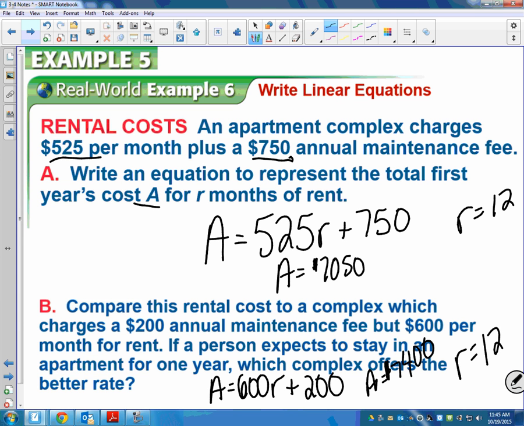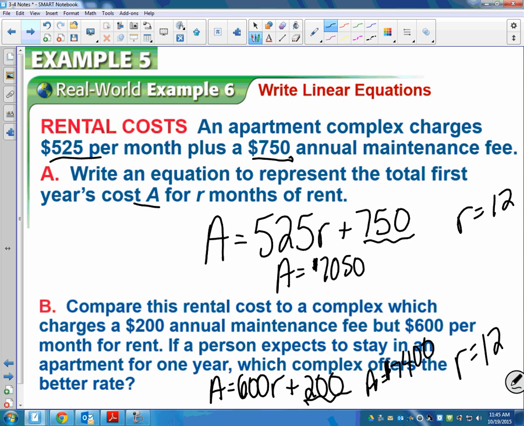Yeah, that's what I was thinking. A lot of people don't have $750 extra to put down as that deposit, or whatever they're calling it, the maintenance fee. Most apartments call it a deposit these days. Whereas this one only has a $200 one, so if you don't have the extra $750 deposit, you might pay more every month. Maybe the maintenance fee is bad for the second one though.